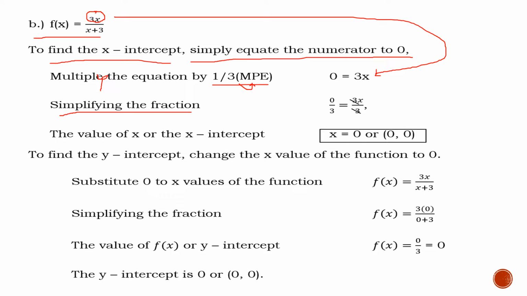Now, the value of x, or the x-intercept, is equal to 0. Then the coordinate of the point that will represent your x-intercept is (0, 0). So it's a coincidence. There are times that your x-intercept will be represented by simply (0, 0), or it falls on the origin.